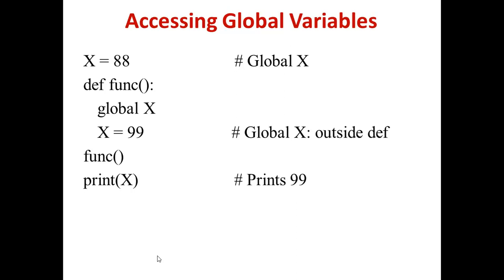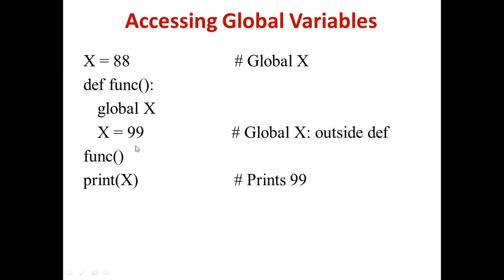Look at another different example. I have x, which has been initialized to 88 in the beginning. That is the global section. Under this local, I have a function where I have mentioned global of x. That means I'm retaining the same visibility here, and then I'm reassigning x to a different value.